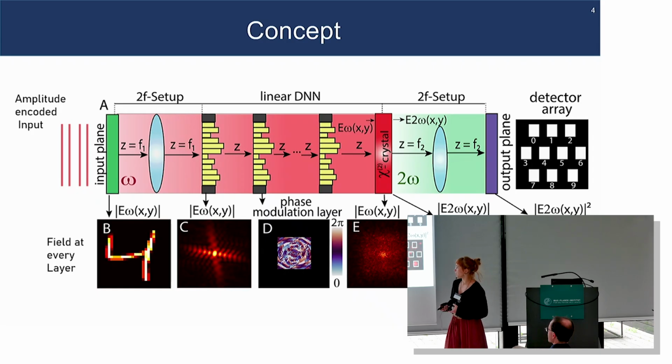Our concept, or what we tested, is basically the conditions under which SHG gives us a benefit. We have an amplitude encoded input, then we Fourier transform that onto a series of linear layers, and somewhere in there, or at the end, comes our nonlinear crystal, and then we have another Fourier transform to the output plane.